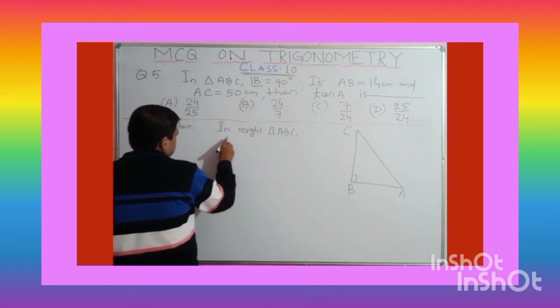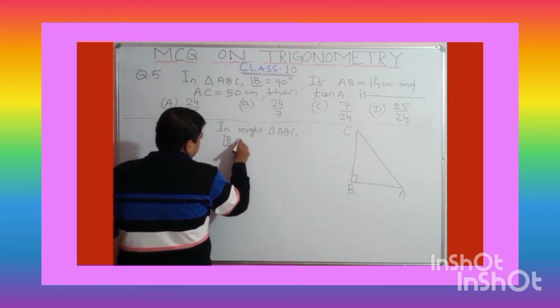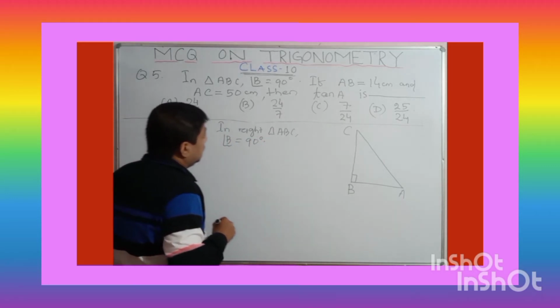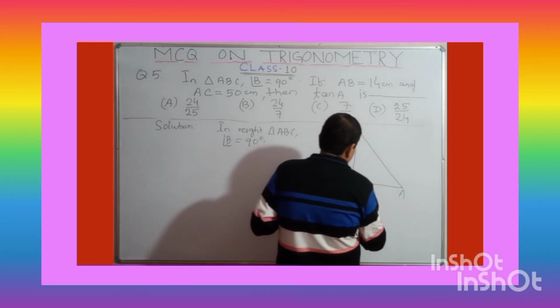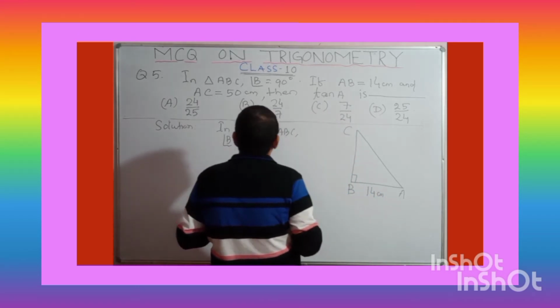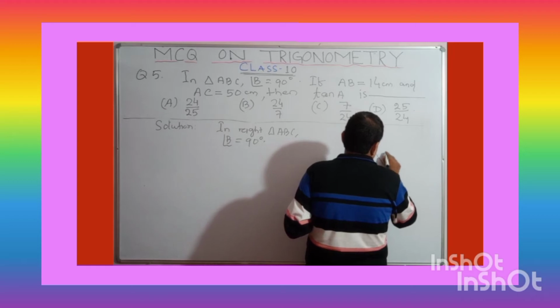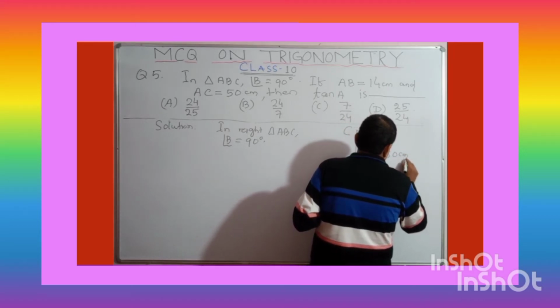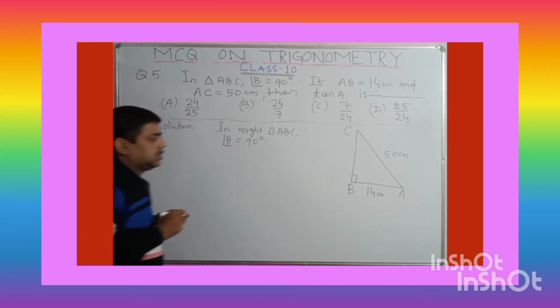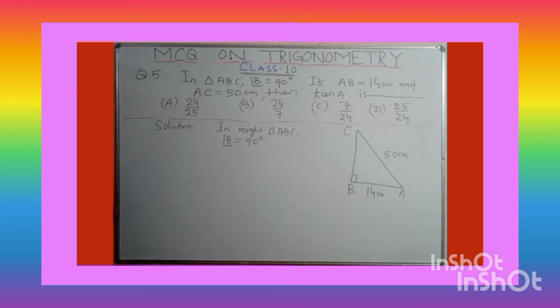Angle B is 90 degrees. AB is given as 14 centimeters, and the hypotenuse AC is given as 50 centimeters, the longest side. Two sides are given, and we have to find the value of tan A.